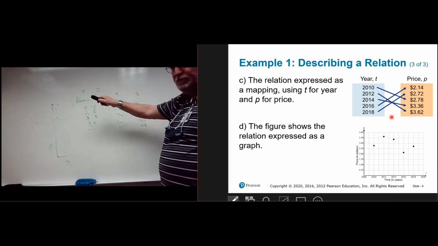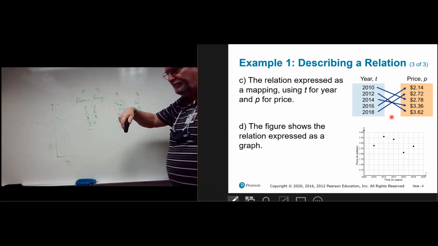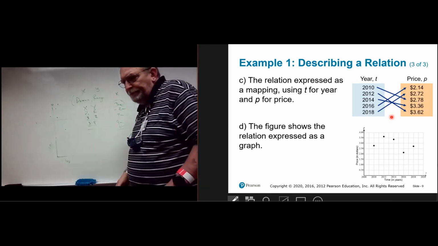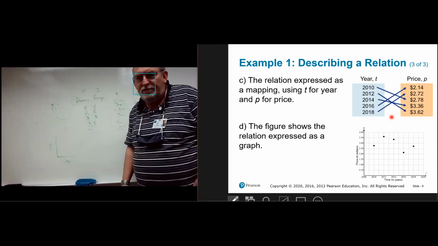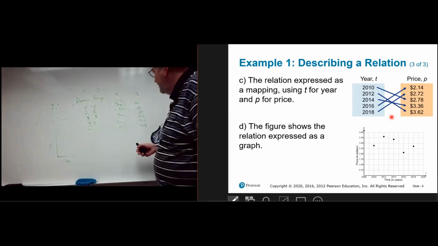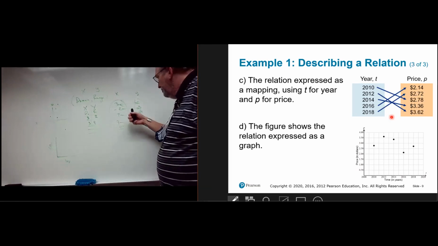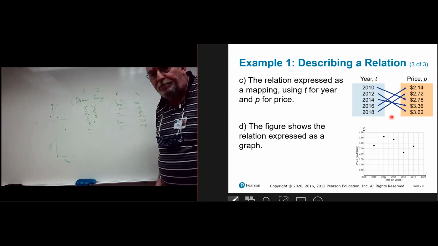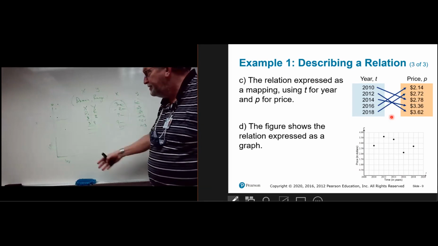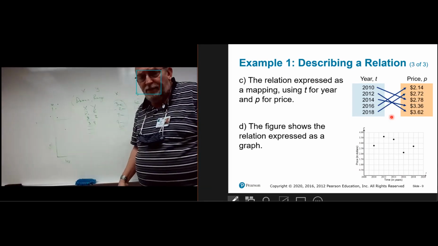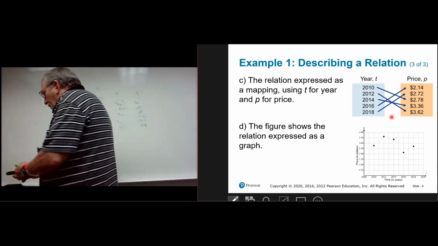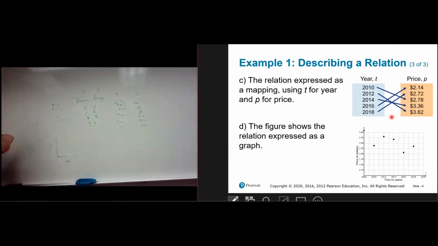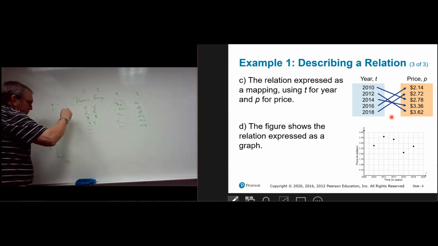Graphing is the most common way of looking at functions, because most functions aren't discrete. This is a discrete relation because you can see all the points. If it was like a line, you can't see all the points because there's an infinite number of points on a line.